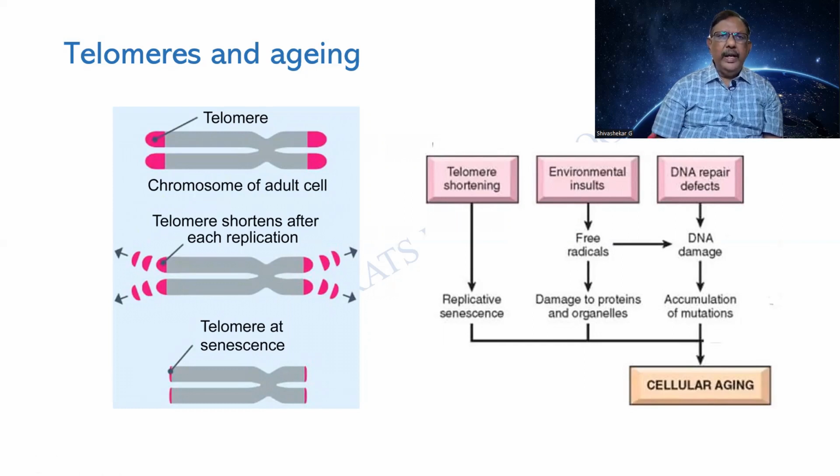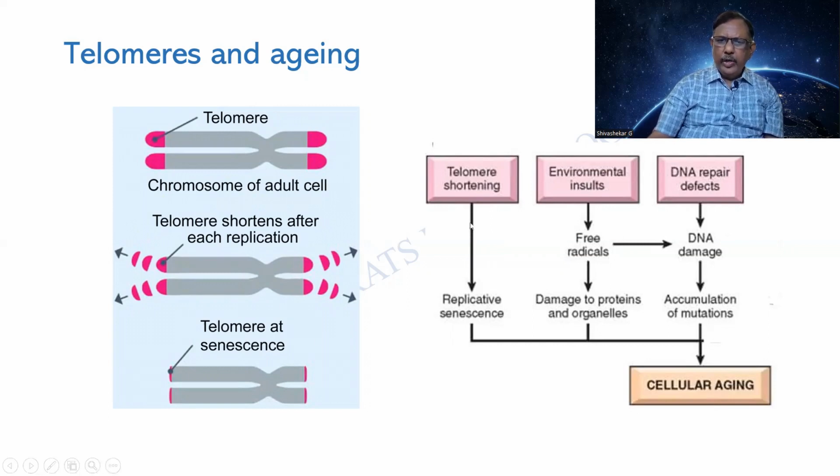So what happens with the aging of the cell? They become shorter and shorter, and at the end, you find that there is no telomere at all. So there is a senile end that has been achieved, or a cell death, or an aging. So this is important.